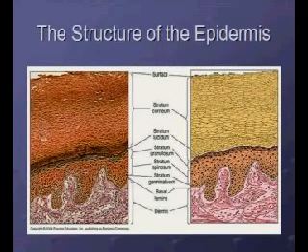This illustration is taken from your book, and again, you should be able to identify each of the structures of the integumentary system, primarily of the epidermis. They include, again, the stratum corneum, stratum lucidum, stratum granulosum, stratum spinosum, stratum germinativum.